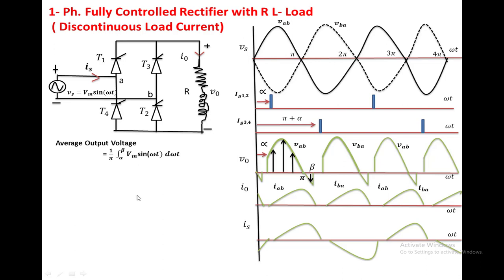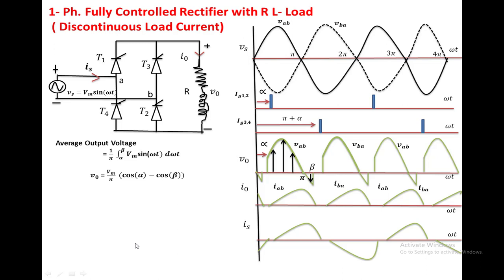If we complete this integration, Vm is a constant and is taken outside, giving Vm by pi times (cos alpha minus cos beta). The value of beta depends highly on how much inductance is present in the load. The name for beta is the extension angle. This extension angle is generally measured with respect to the zero crossing point of the input voltage, from this point, and in the same manner at this point.